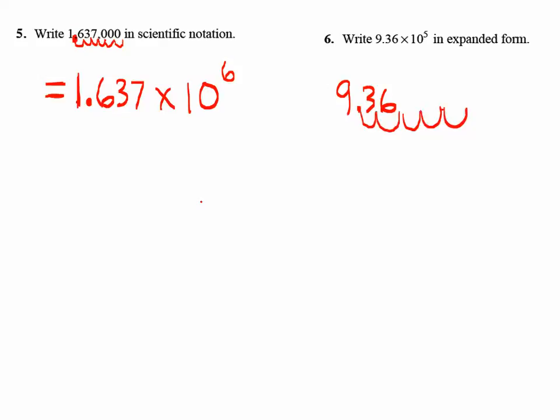Leave a dip in each one of those. We're going to fill in the rest of the dips with zeros. All right, what number is that? Yep, 936,000. So we get a comma between the 6 and the 0.